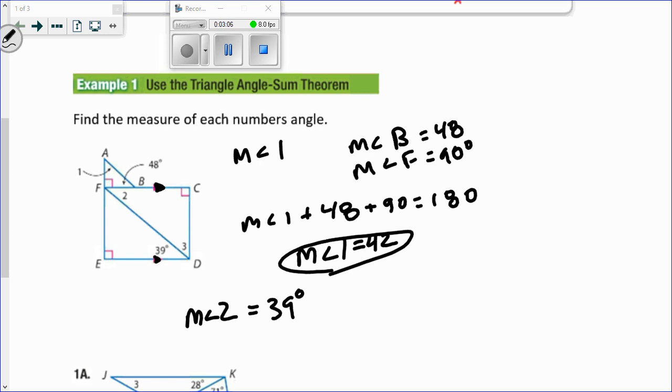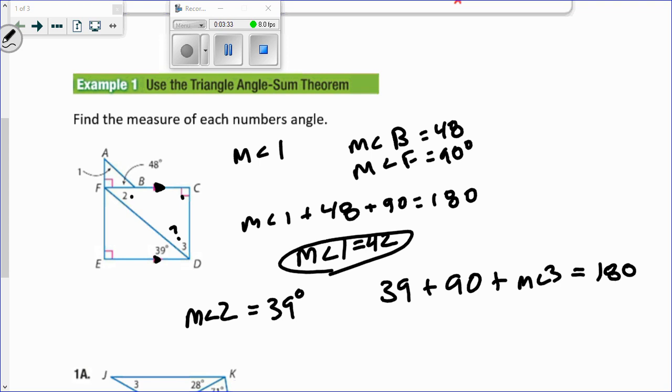Lastly, the measure of angle 3. Well, we have angle 2 now. We have this angle C. We're looking for 3. 3 is now unknown. So let's say that the measure of angle 2, which is 39, plus the measure of angle C, which is 90, plus the measure of angle 3, which is unknown, all should add to 180.